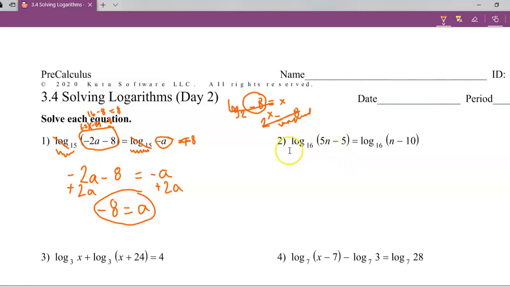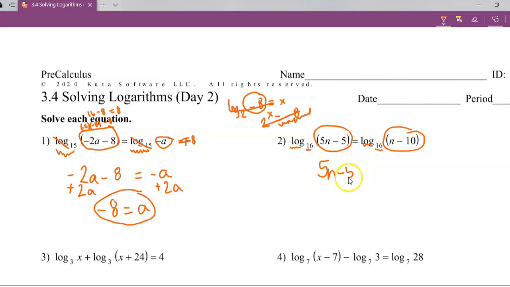On number 2, I have the same type of situation. I have a log base 16 on both sides. There's nothing else going on outside of the log, so I can just take what's inside this log and what's inside this log and set them equal. For both of these to be log base 16 and to be equal, the stuff inside the log would have to equal each other.